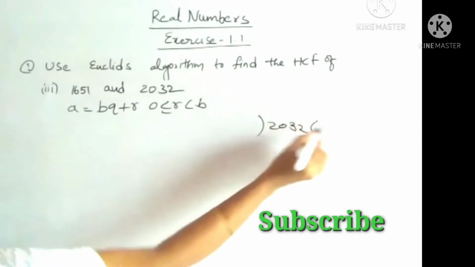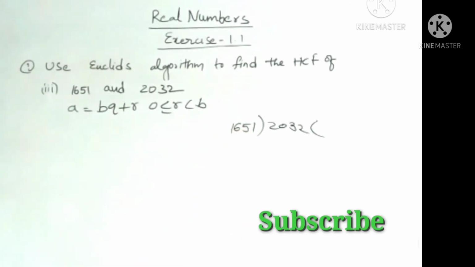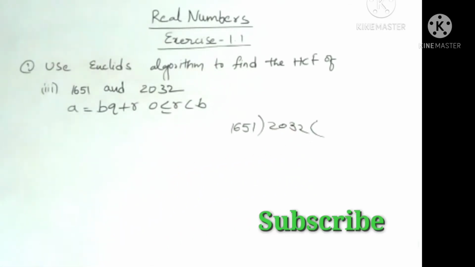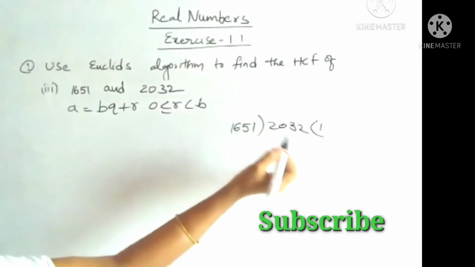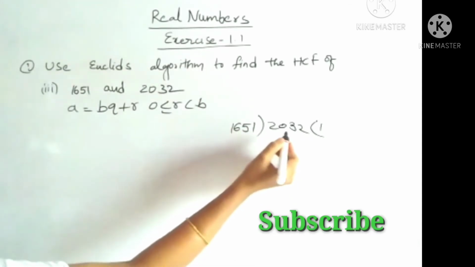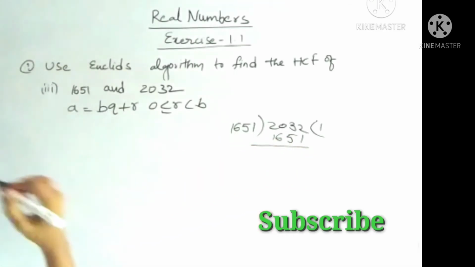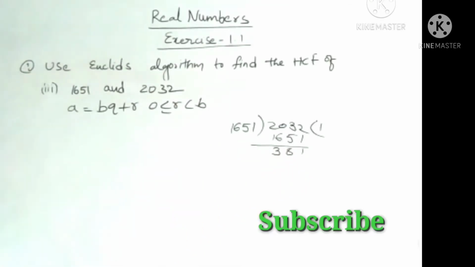Clearly, 1651 times 2 would be 3200-something, so only once does 1651 divide. By subtraction we will get 381. This is less than the divisor, right?